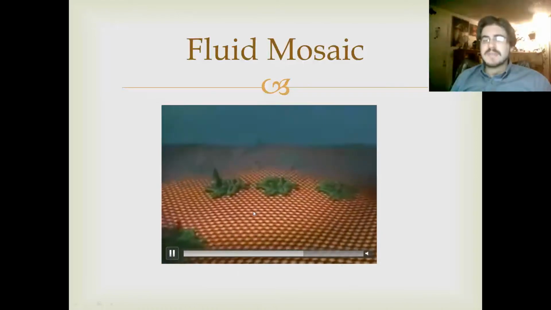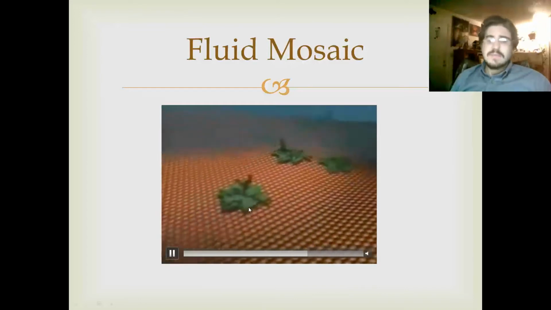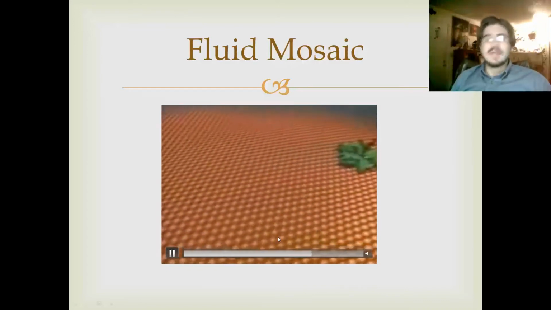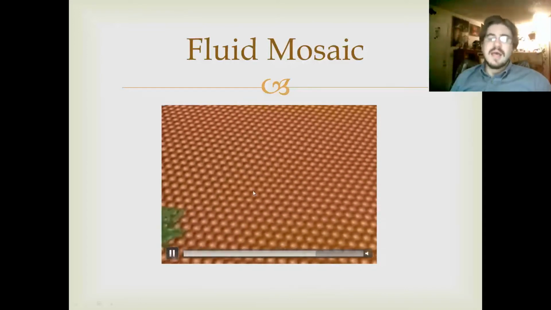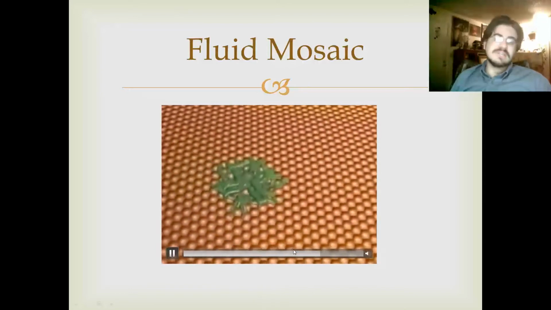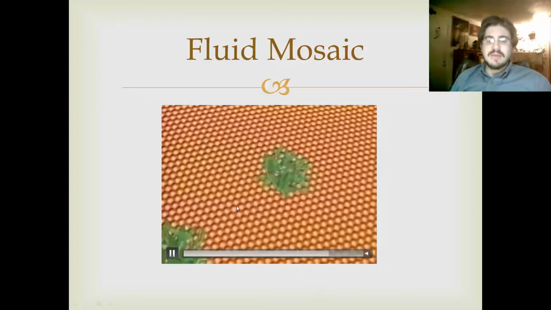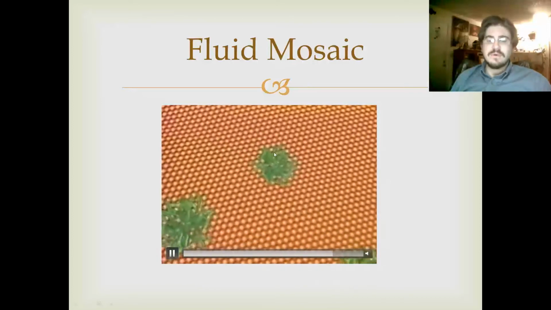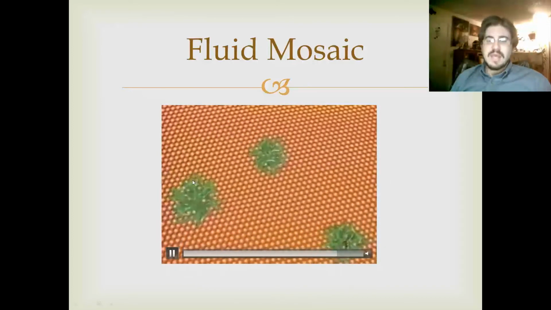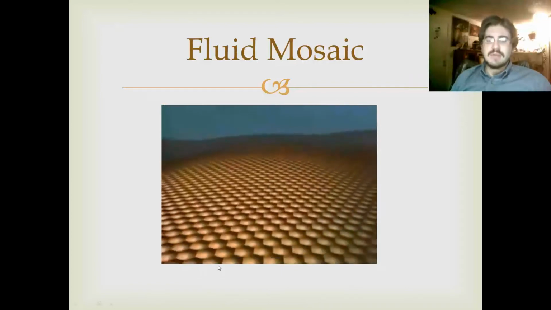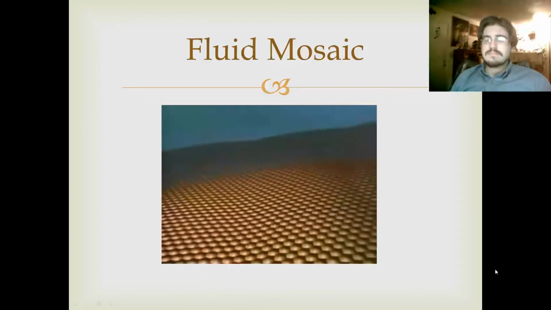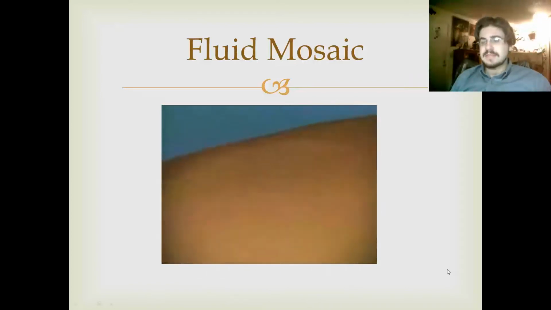Make it nice and functional, enhance the permeable nature to it. And now let's take a look at how proteins can shift about laterally in my fluid mosaic. So now you can see these proteins sort of rotating around and moving laterally. So pretty fancy.